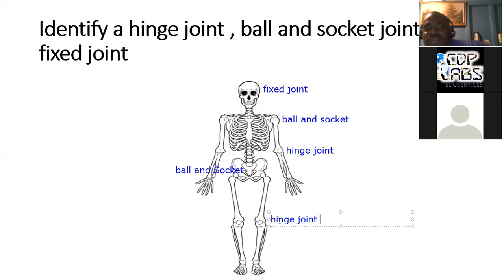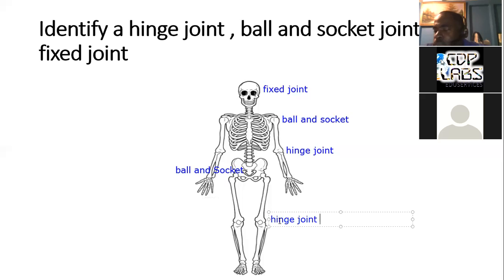Okay, good observation. All right, Alia, what did you observe? I would say that the collarbone and the pelvic girdle have the same joint, which is the ball and socket. Very good.